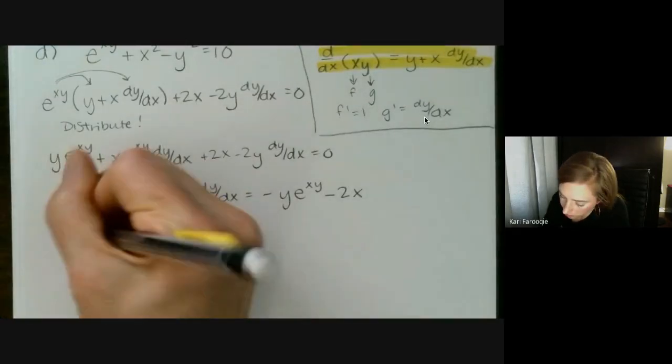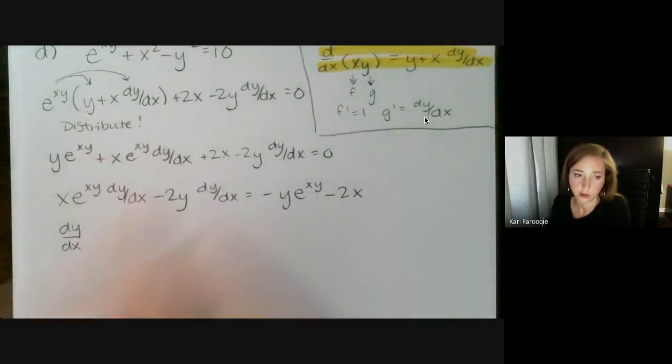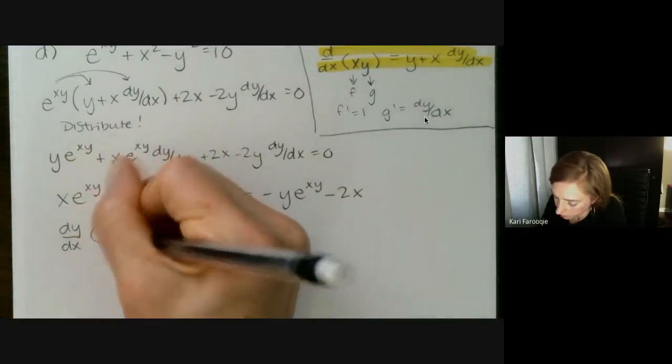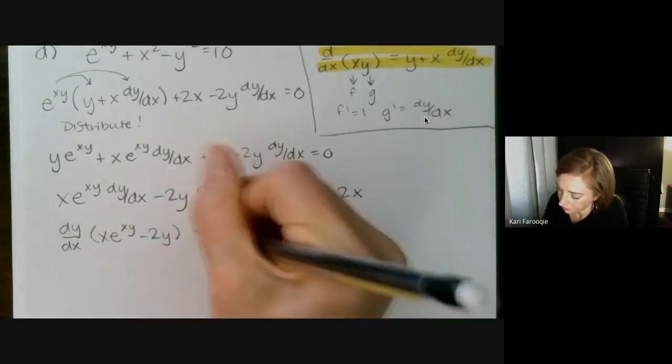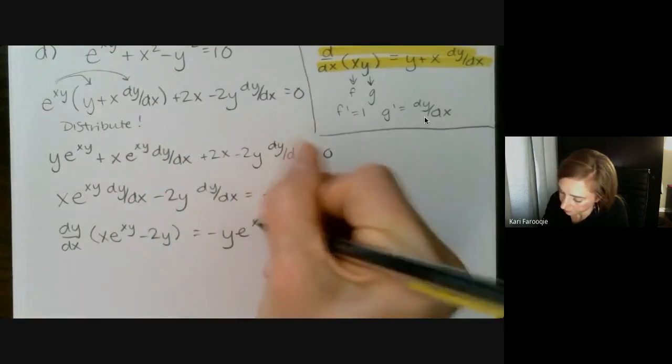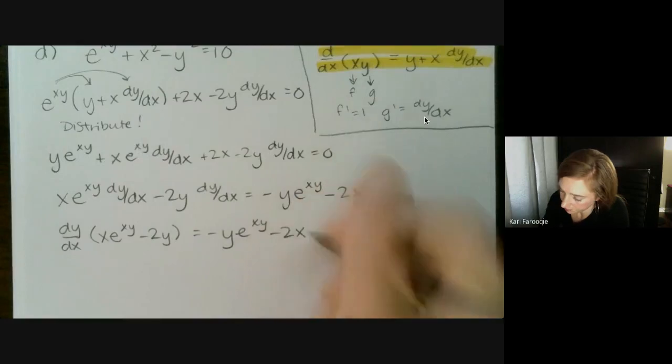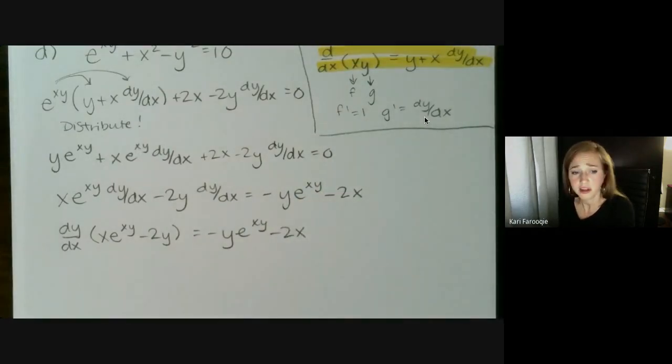Factor the dy dx and solve. And here's where if you want to do factor and solve in one step, I'm totally okay with that. Right-hand side hasn't changed. All we did was we factored dy dx out of the left-hand side.